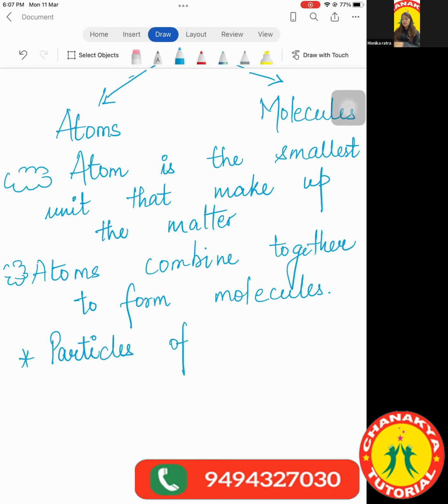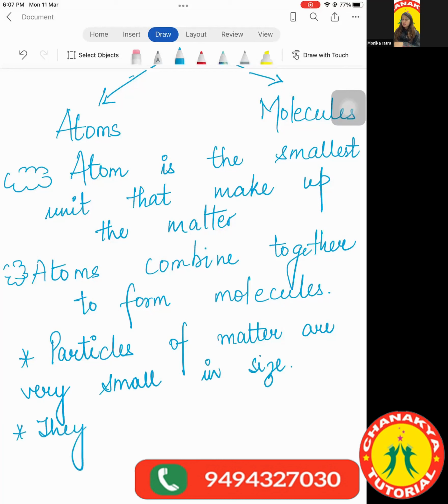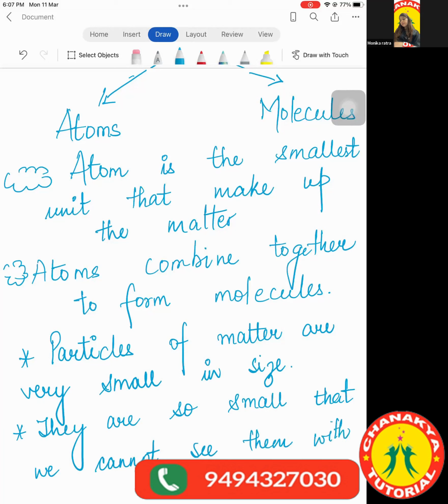Particles of matter are so small that we cannot see them with our naked eyes.